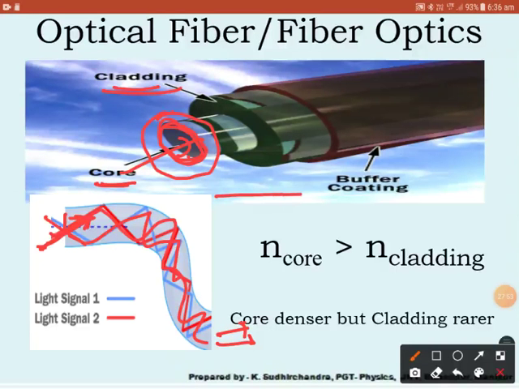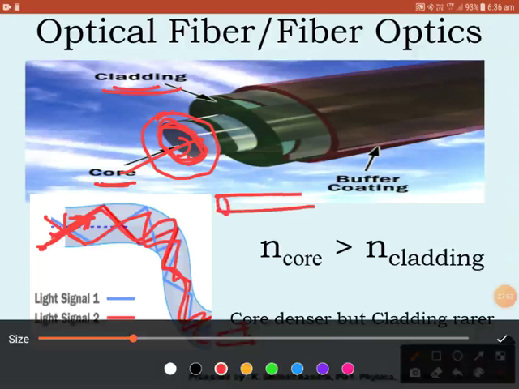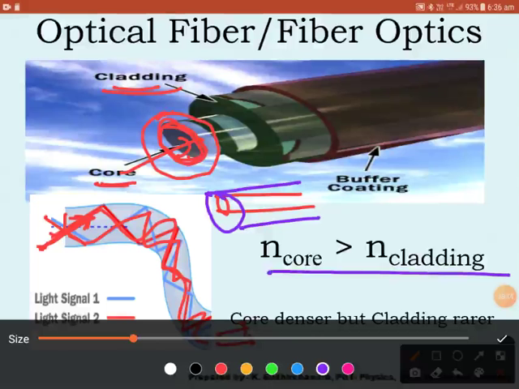This is just like a cylinder. The core is like a cylinder in this way, and your cladding is also in the form of a cylinder. It will envelop the core like this, in this manner. So the refractive index of the core is greater than the refractive index of the cladding. Why? Because when light is incident onto this denser medium, it will bend and try to go outside the core medium to the cladding medium.